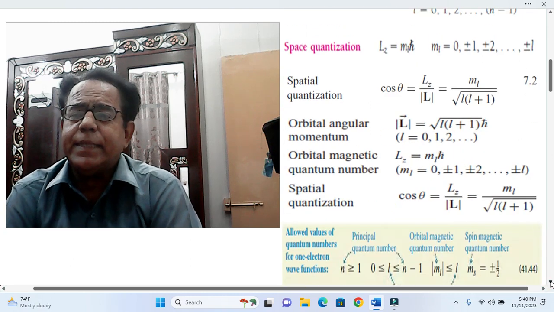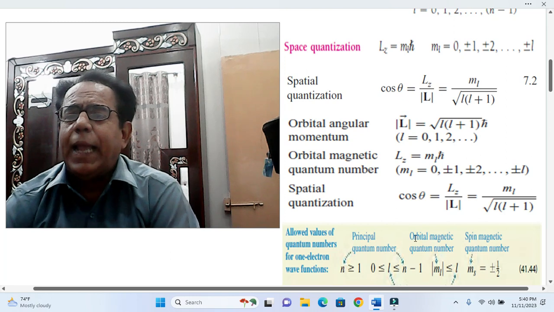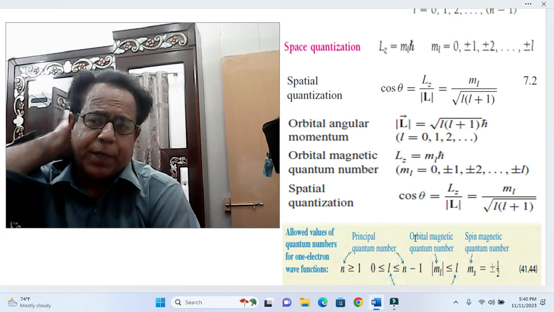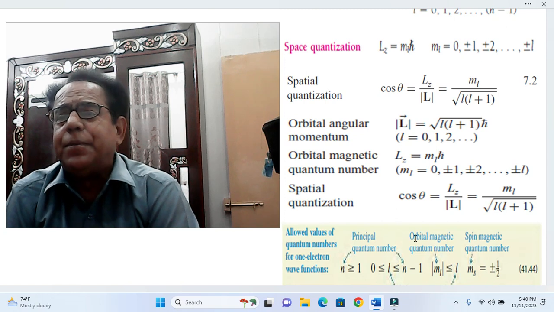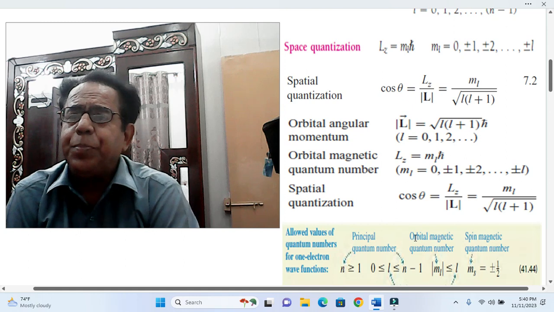Next snapshot is about space quantization. Lz, with z written as a subscript of capital L, is equal to m_l h cut, where l is written as a subscript of m.